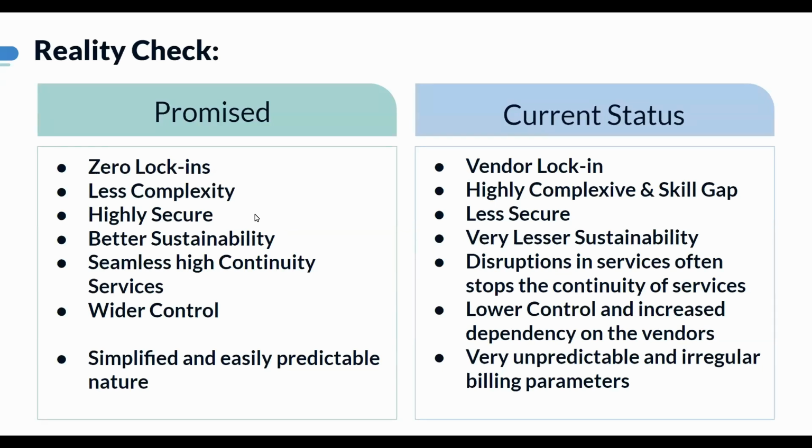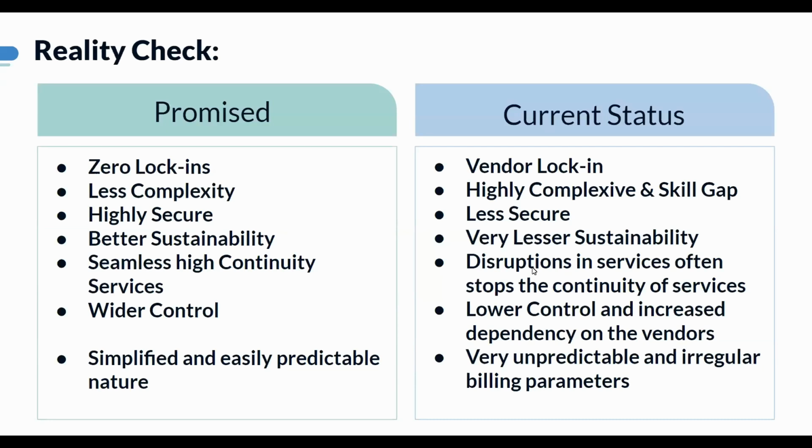But here we can see that the sustainability part has become a major issue in the whole domain. I'll be breaking down that particular topic in a few minutes. Seamless, highly continuous services can't be seen. Disruptions have been witnessed in the whole domain. Wider control, lower control. Simplified and easily predictable nature is also not a very popular thing that can be seen at the moment in the whole domain.